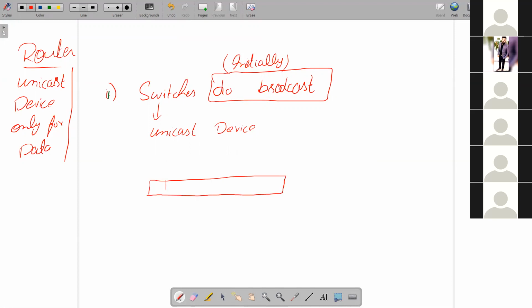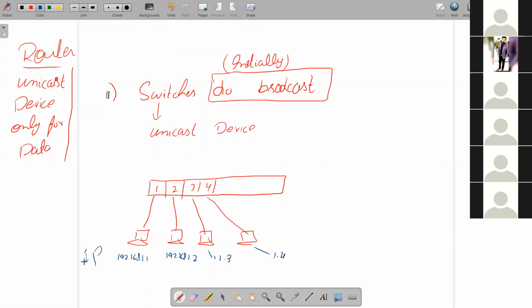if I'm having one switch with 4 ports over here, connecting 4 end users, and their IPs are, for example, 192.168.1.1, and then 192.168.1.2. Then instead of writing the complete address, I will write 1.3, and this is 1.4.